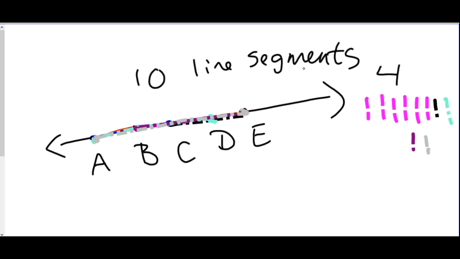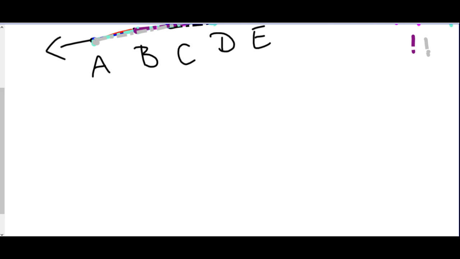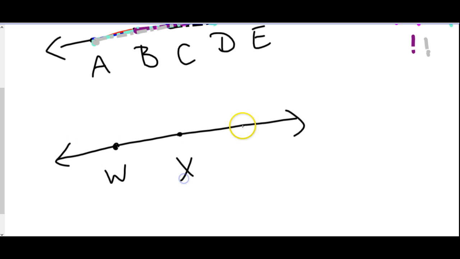You could also name different rays. Let's draw a different picture to do different rays. So we still need 2 points, but we pick a starting point and then go through all the rest. So ray WX would actually be the same as ray WY. The starting point matters, the ending point doesn't.